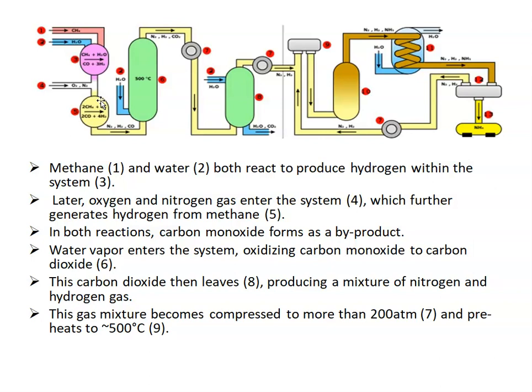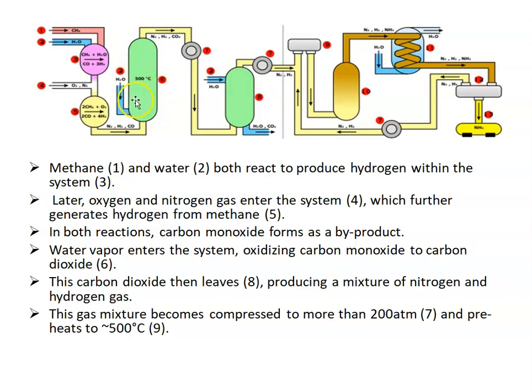Carbon monoxide forms as a byproduct, right? Then water vapor enters the system. Look at the sixth point. Water vapor enters the system, oxidizing carbon monoxide to carbon dioxide, right?